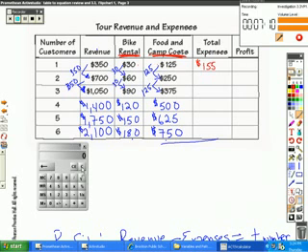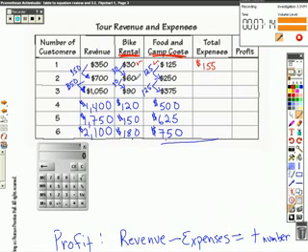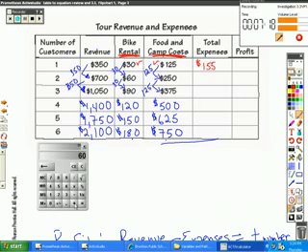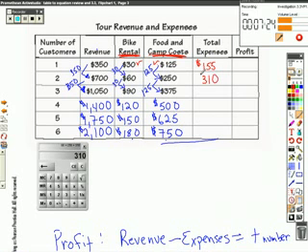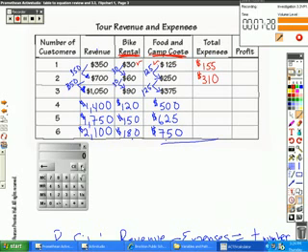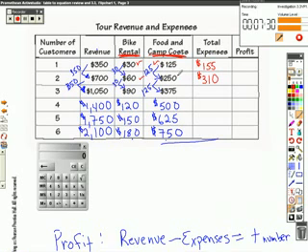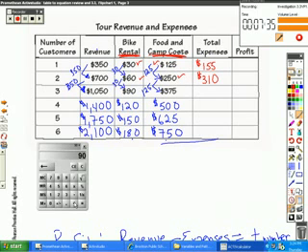And then for the next one, we're doing 60 and 250. So 60 plus 250 equals 310. We're just going to continue down the table. All right, 90 plus 375 is 465.